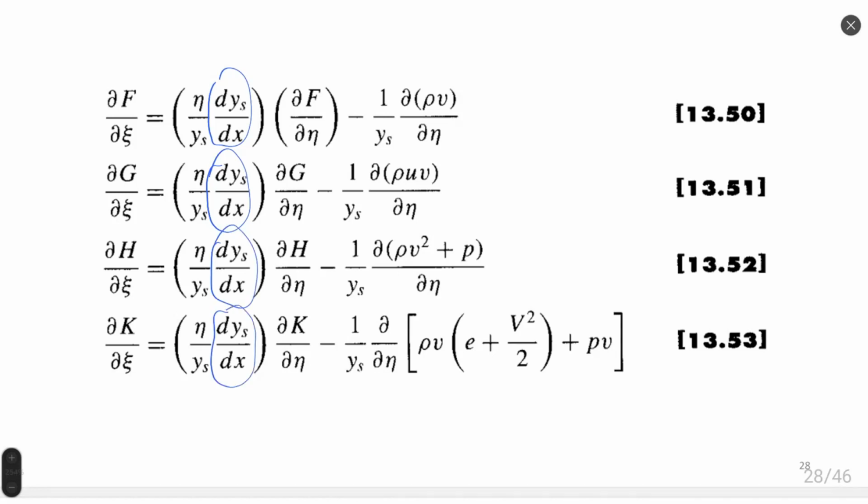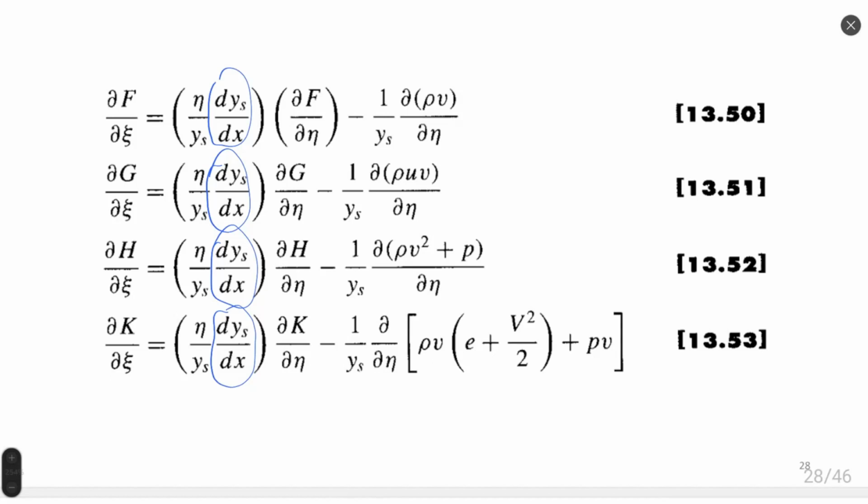For each specific point, they are different coefficients. So, as I already told you, we multiply our right part of equation by some coefficient which is different for each point, representing transformation from physical plane to computational plane. So computational, this is not hard.